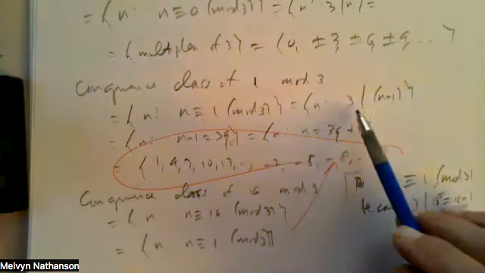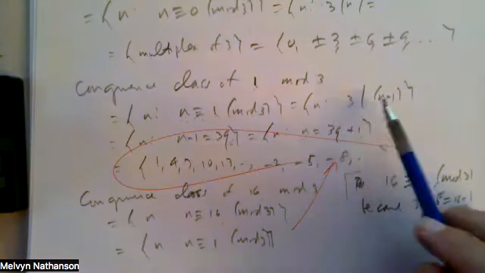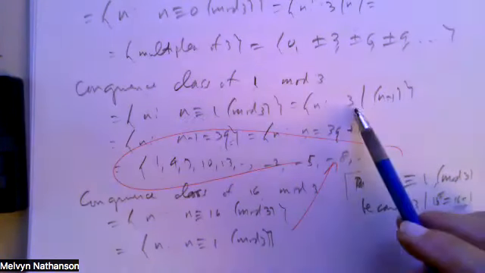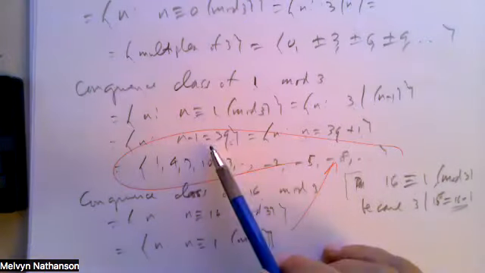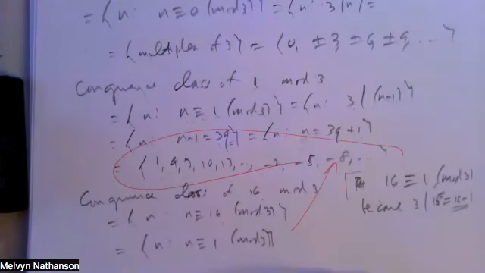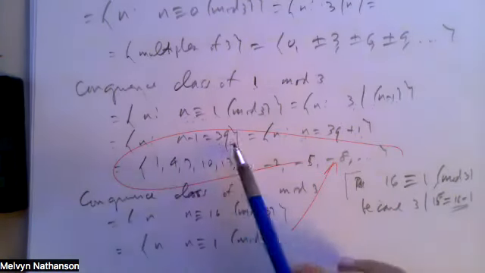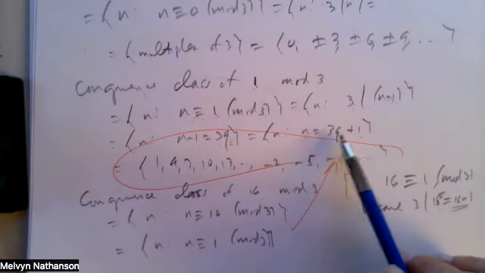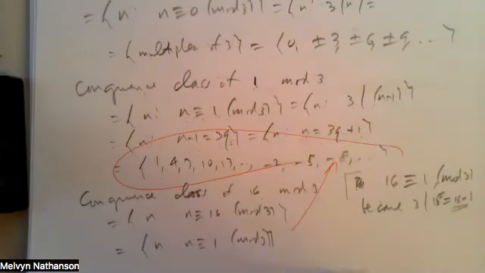That's what divisibility means. 3 divides a number means the number is 3 times something, q. So if you divide n minus 1 by 3, you get a quotient q, and the remainder is 0. And if n minus 1 is 3q, bring the 1 to the other side, n is 3q plus 1.